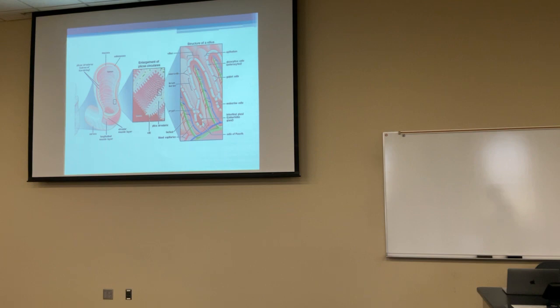There are some blood vessels that are blue, some blood vessels that are red, and in between them is a green structure. That green structure is part of our lymphatic system, and it's called a lacteal. What lacteals do is they absorb lipids. That's how lipids are absorbed. They're absorbed into this type of lymph capillary called a lacteal.